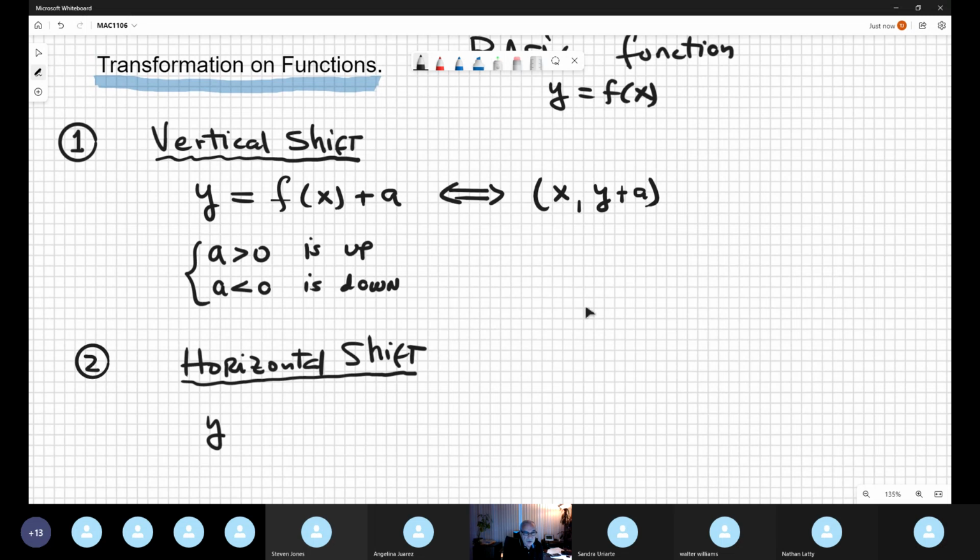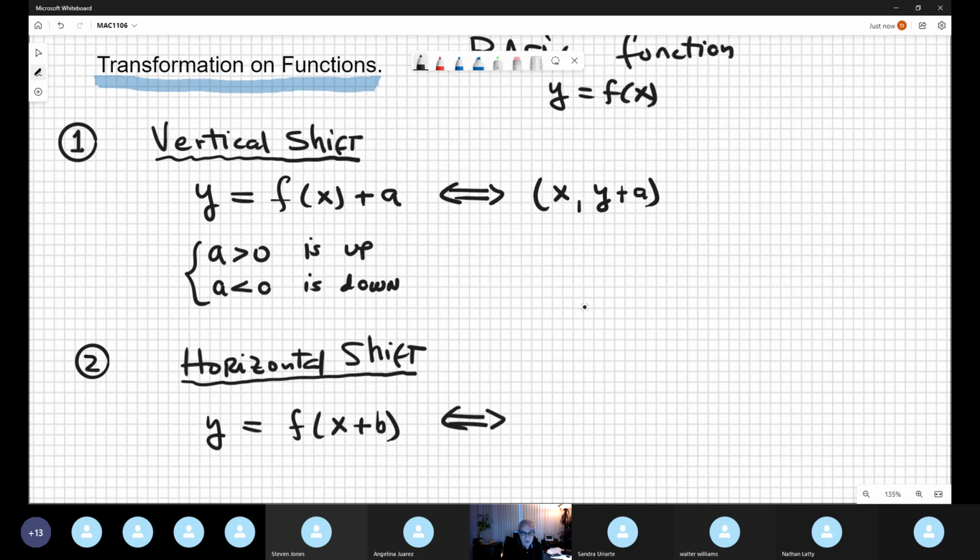However, I am doing a transformation. What kind of transformation? You are adding or subtracting, but inside the parentheses, b. And this is equivalent. Okay, you are doing the motion, but in this case, not vertical, horizontal. You're moving to the right or to the left. I want to prove it in a few seconds.